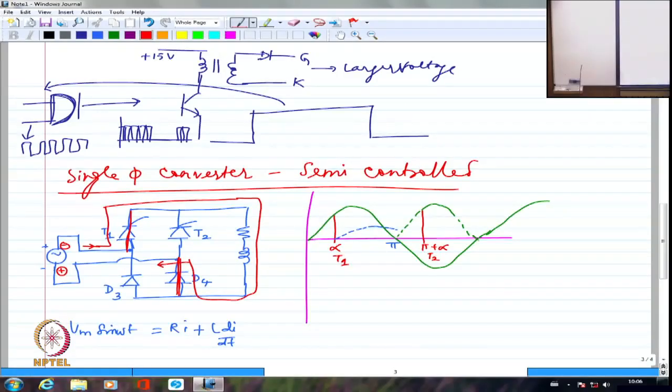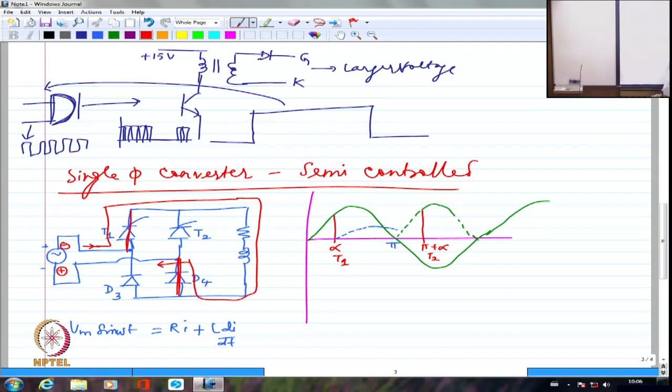The moment it crosses pi and it comes into the reverse half cycle, I am going to have essentially D3 getting forward biased. The moment D3 gets forward biased, it's not going to keep quiet. It will start conducting. So D3 will start conducting.